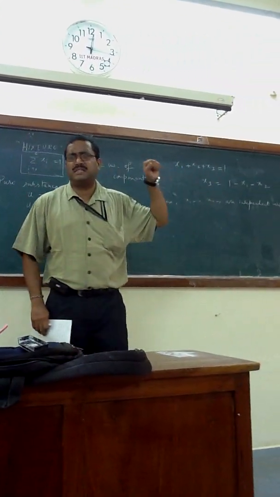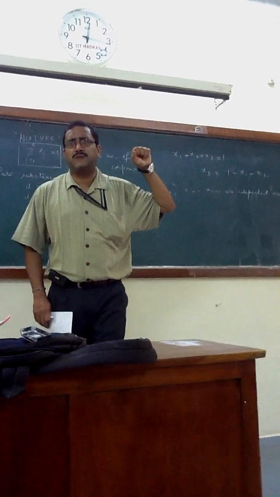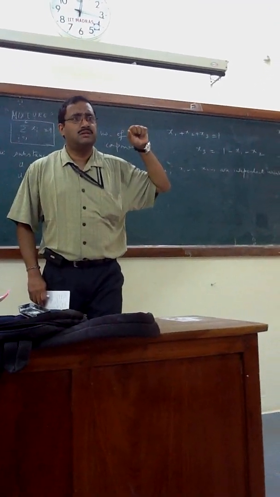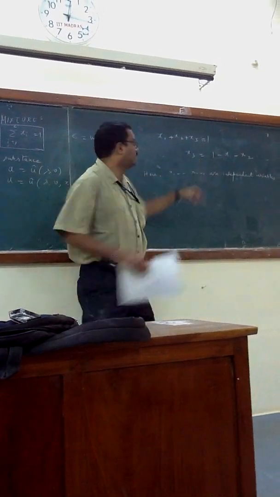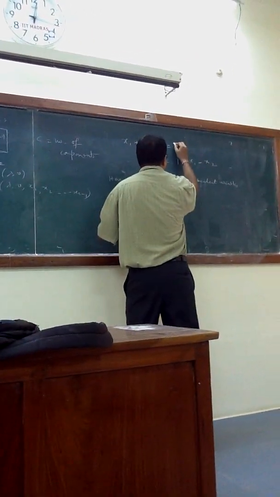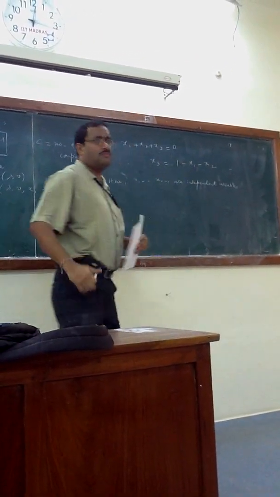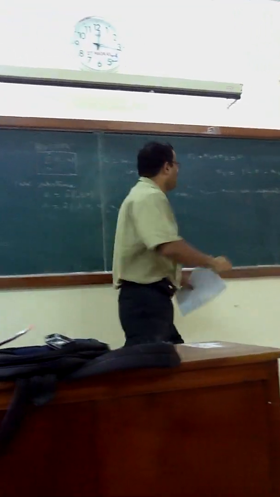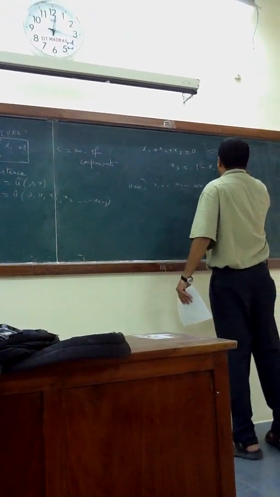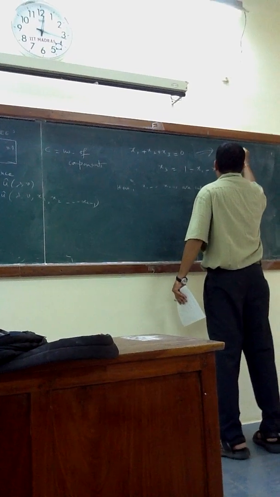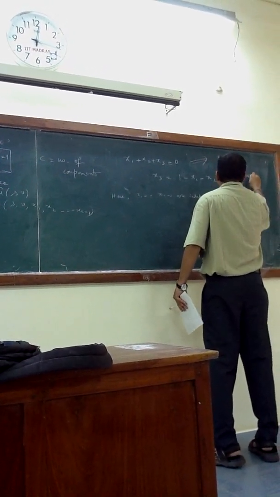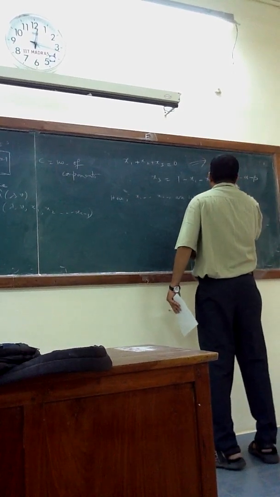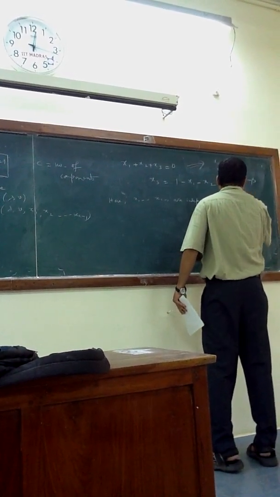Have you done null space, null space basis in mathematics? Yes or no? This is a null space problem. Here x1 equals alpha, x2 equals beta, and x3 equals minus alpha minus beta. So my solution is alpha and beta.